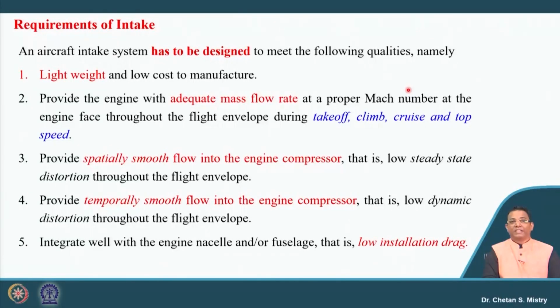Next, it should provide especially smooth flow into the compressor. That means low steady state distortion throughout the flight envelope. In the same way, low dynamic distortion throughout the flight envelope, and it should be integrated nicely with the nacelle and fuselage so that it has low installation drag.